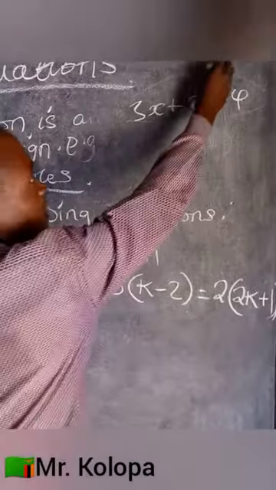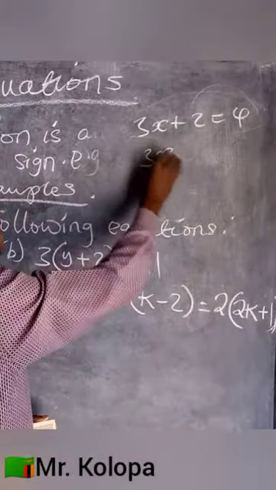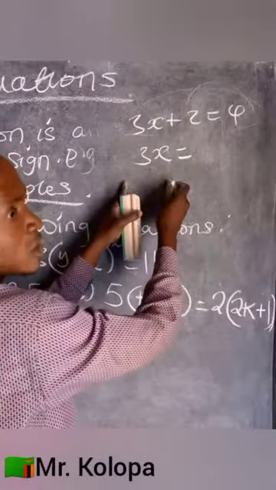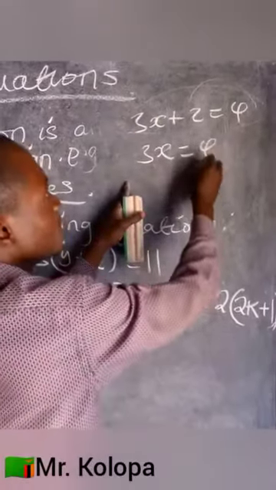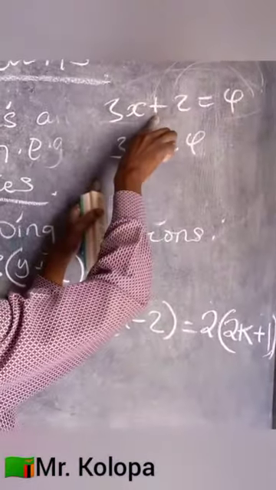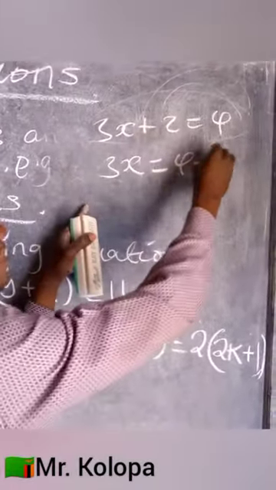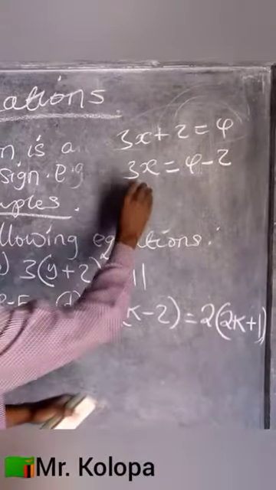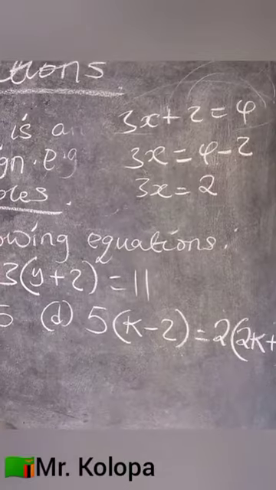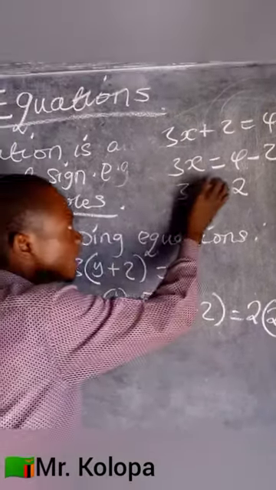So if we take these, we are going to have 3x, then the equals, because we want to remain with x only. Then we have a 4. Then the 2 here, going to the other side, changes sign from positive to negative. Then we have 3x equals 2. When you are solving an equation, we are making x the subject.